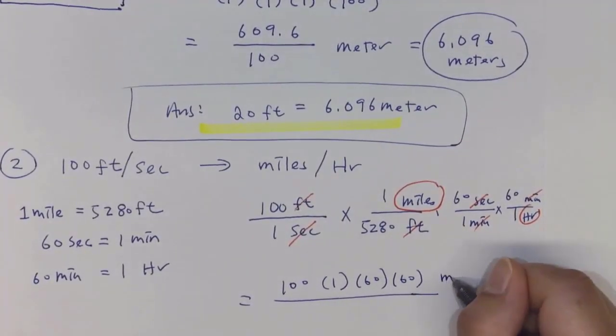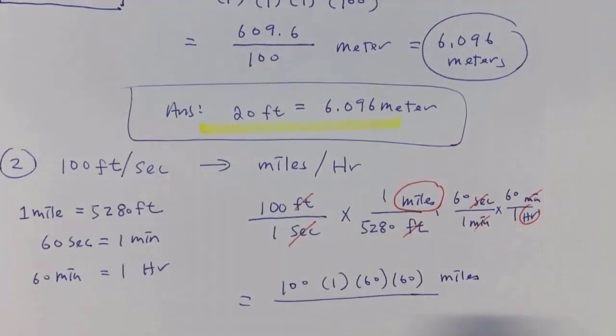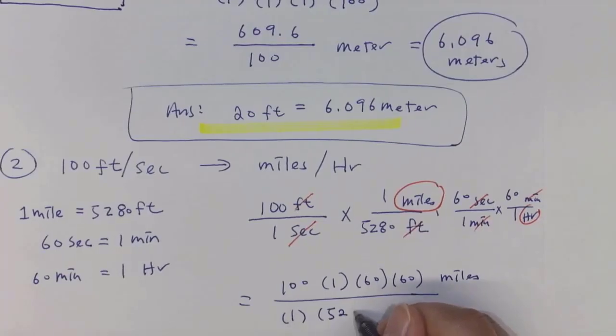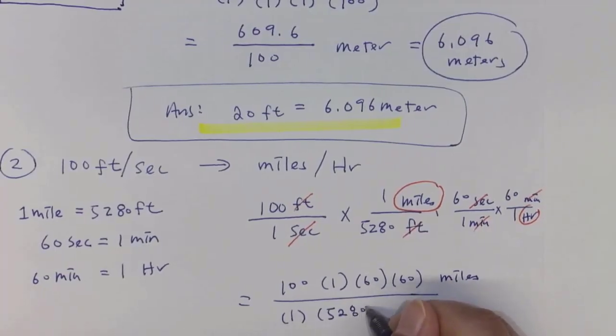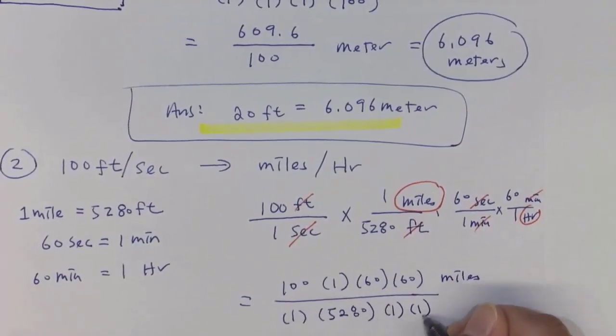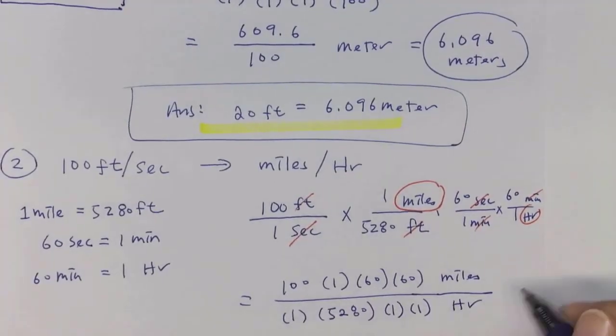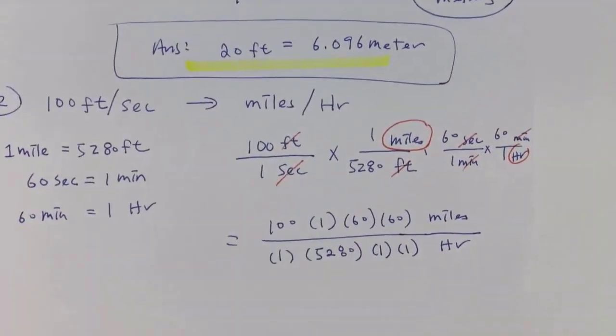And this is miles. And then at the bottom we have 1 times 5,280 times 1 times 1, and I leave with hour, right? Okay, do you have some idea what this is, what's going on here?